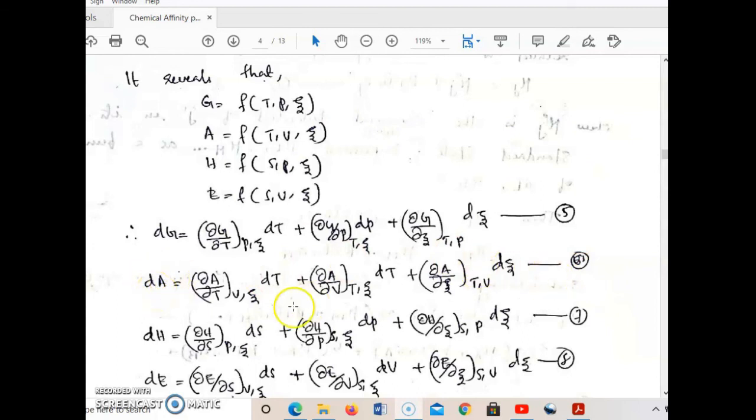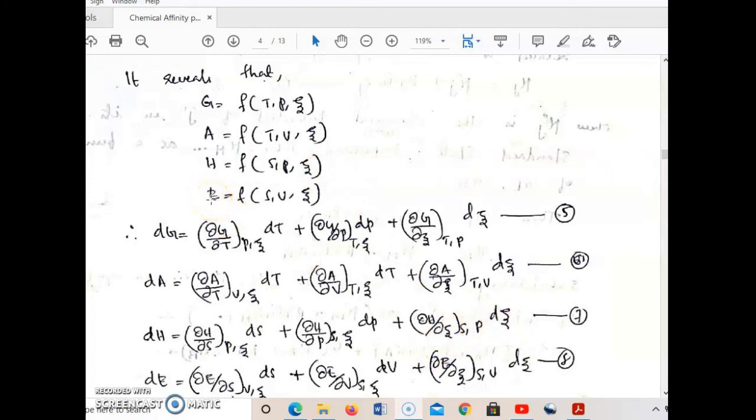Equation 6. And the total differential dH will be equal to dou H by dou S at constant pressure and theta dS plus dou H by dou P at constant entropy and theta dP plus dou H by dou theta at constant entropy and pressure d theta. Okay.